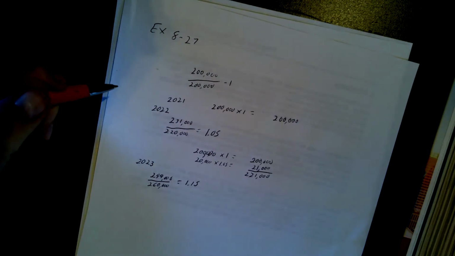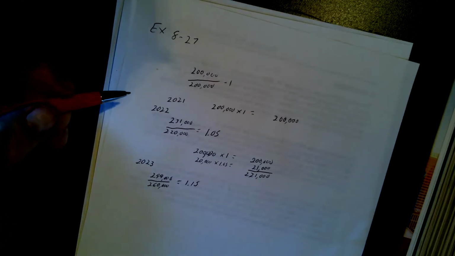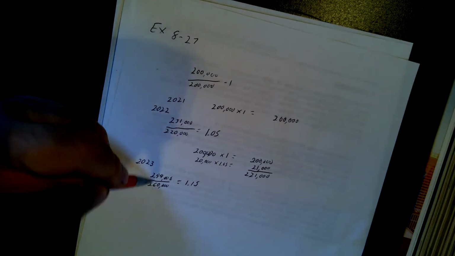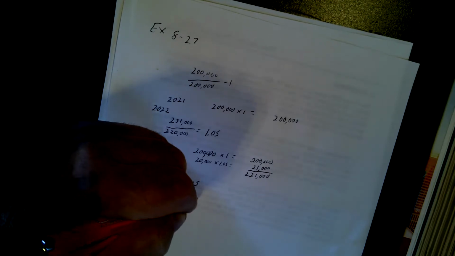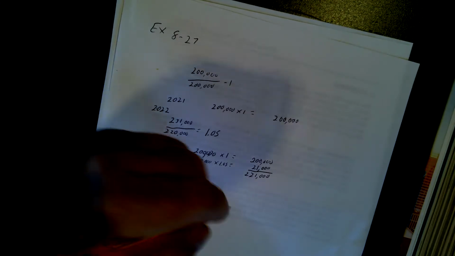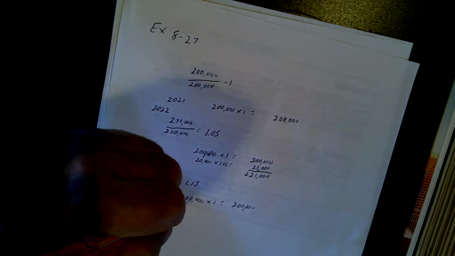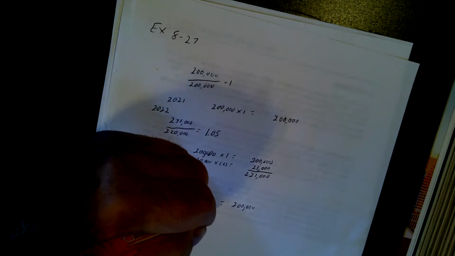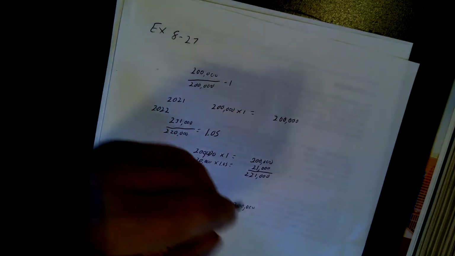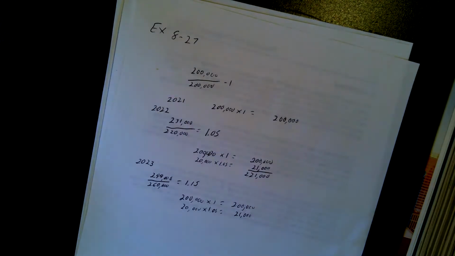Now the base year difference is 40,000, right? Because we've got the 260 minus the 220. So the first 200,000 at the index of 1 is 200,000. And the second 20,000 is at the index of 1.05, and that equals the 21,000, which we calculated before.